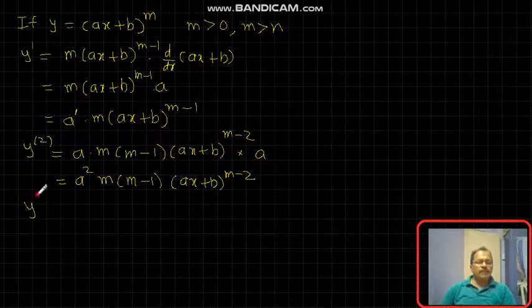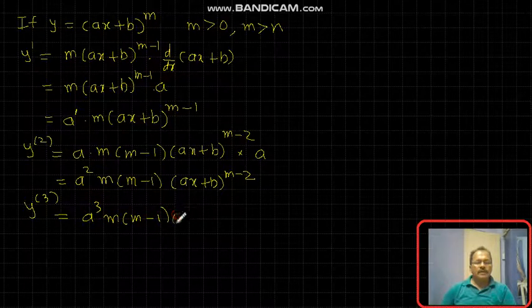Continuing in the same way, the third derivative we get is a cube into m into m minus 1 into m minus 2 into (ax plus b) raised to m minus 3.